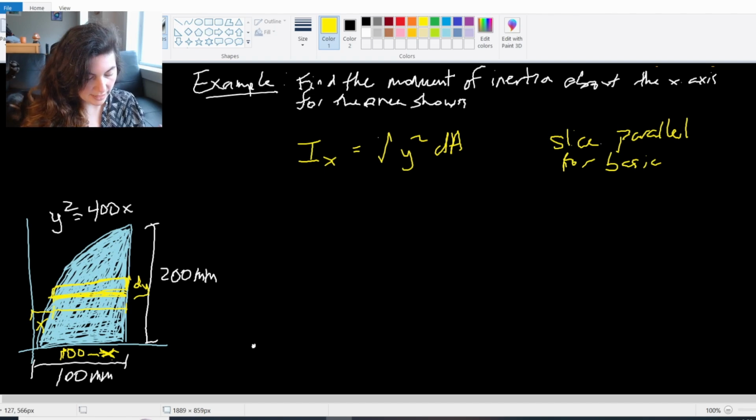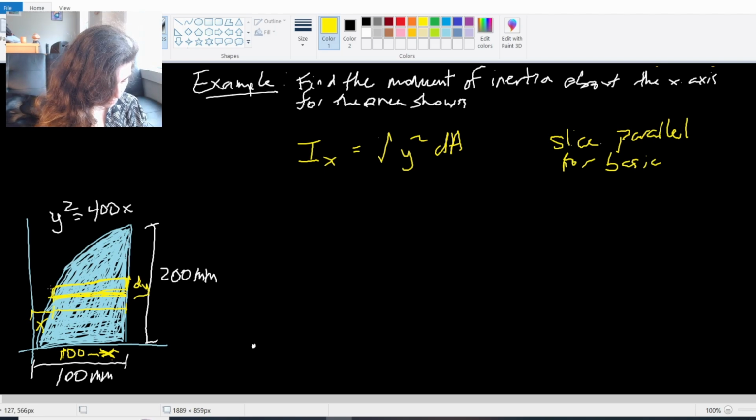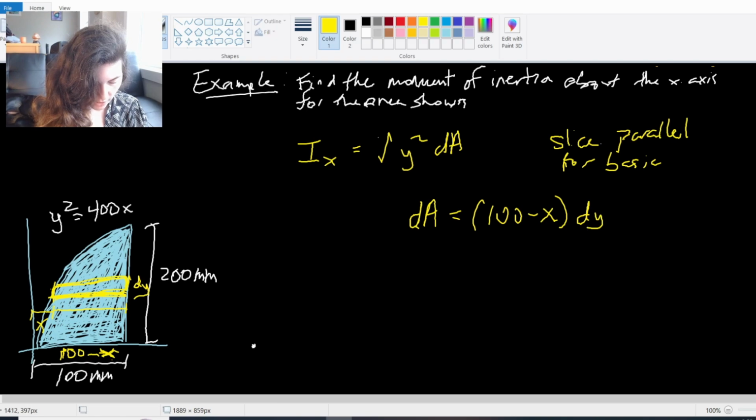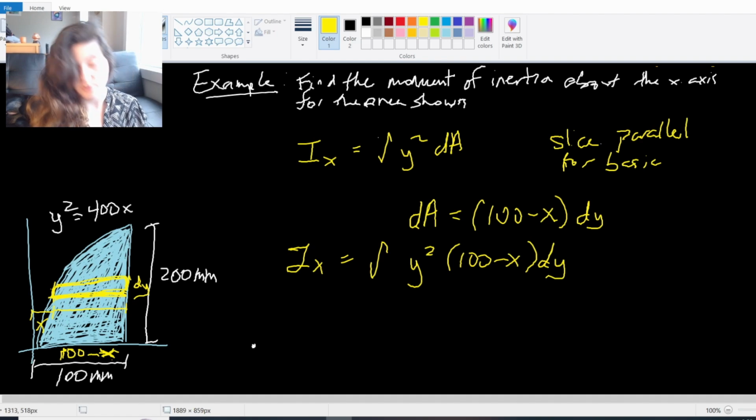So I have my little differential slice. What's the information that I actually need to pull out here, right? If I know what this dA is now, because I just found the length and width of my rectangle, my dA in this case is going to be that 100 minus x times dy. If I put that into my equation, the integral of y squared times 100 minus x times dy. So I know I need my whole integral in terms of y terms, and they give me y squared equals 400x.